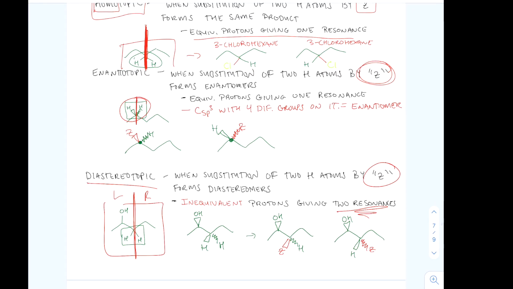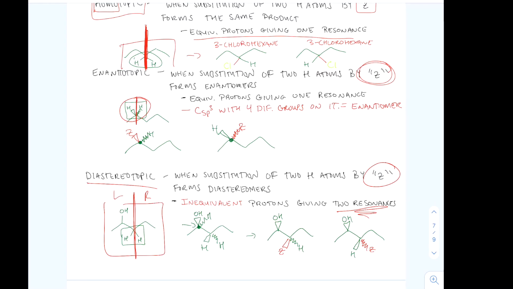Now if you look closely, or not even that closely, you can just notice that there's a hydrogen and an OH on this particular carbon. We also have a methyl on one side and then a propyl on the other. So that is actually one of those sp3 carbons with 4 different groups on it, which we call a stereogenic center.